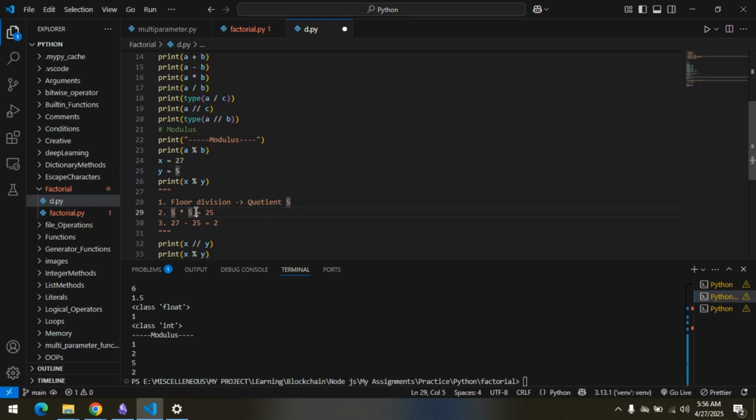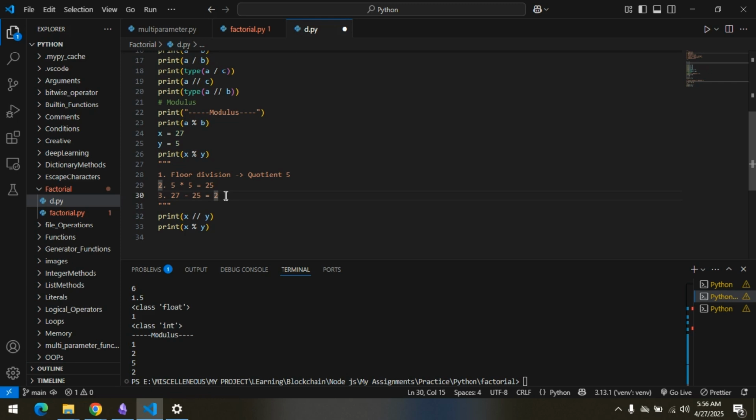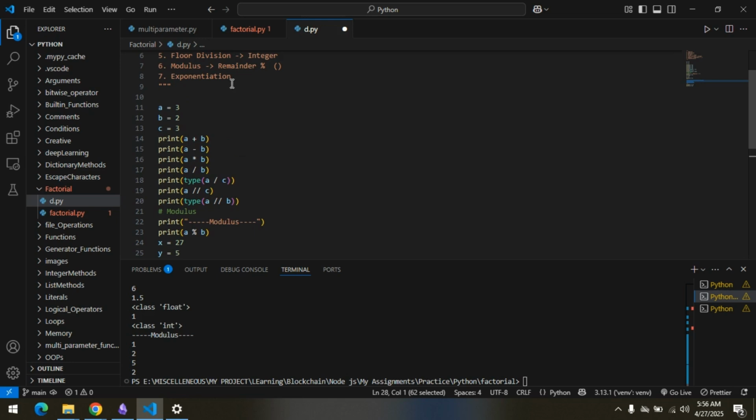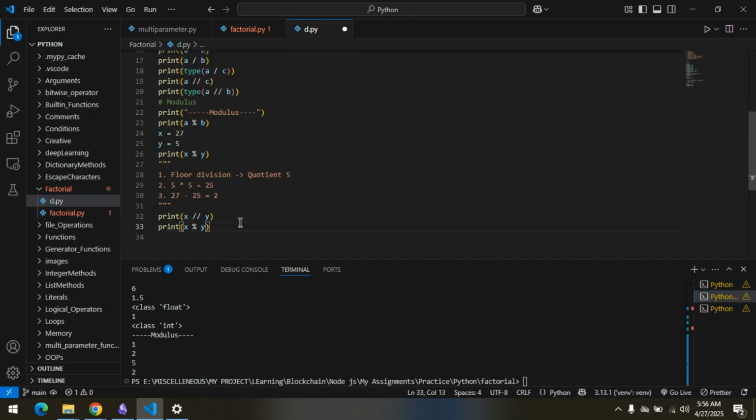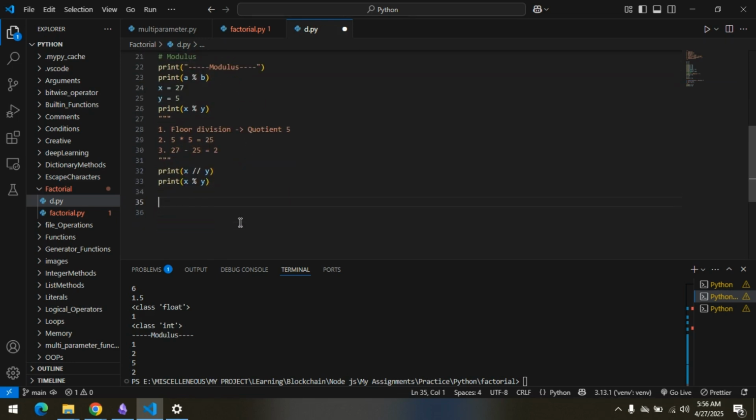That's 5 times, so you get a 5 quotient. Then you multiply it by the smaller number, you get 25. Then you subtract it from the larger number and you get a 2. So you can do it either way. You just print it to get an answer, or you can do it this way.